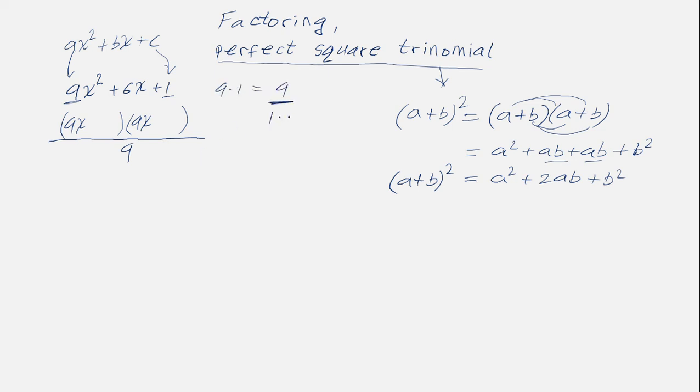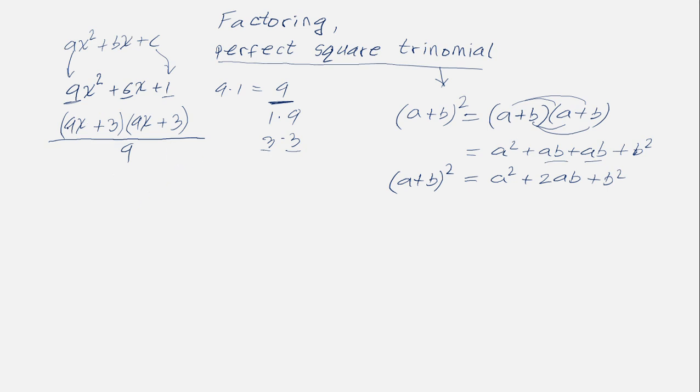They are 1 times 9, and then 3 times 3, and that's it. Now we need to figure out which combination here, when added together, will give us the number in the middle. Well, our combination is 3 plus 3. So we know that we are going to put plus 3 there.